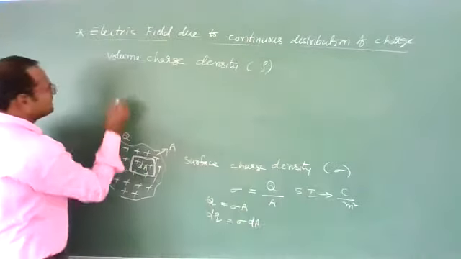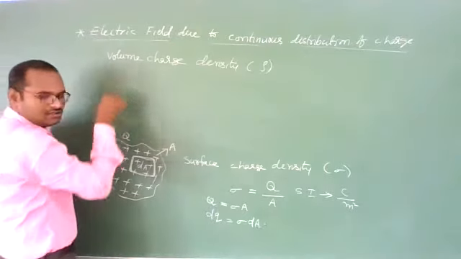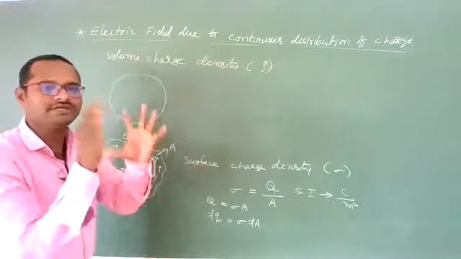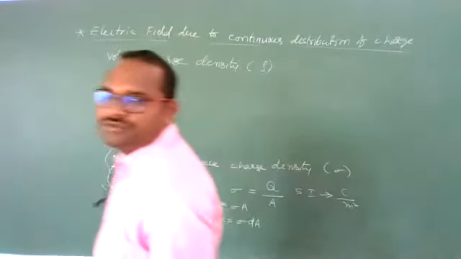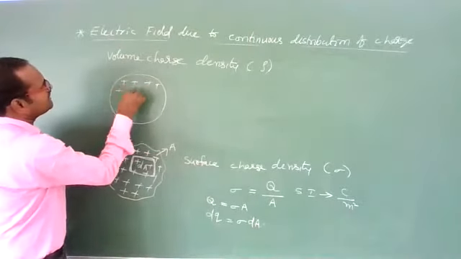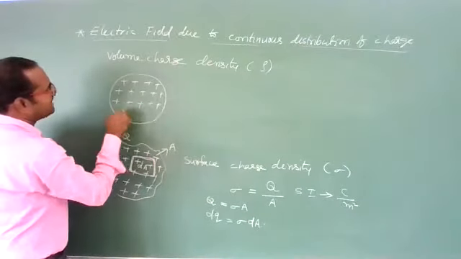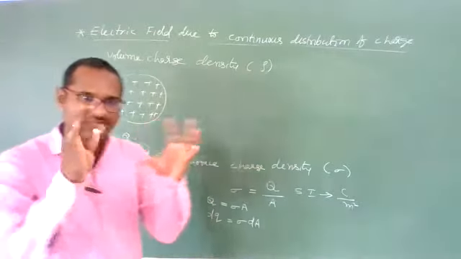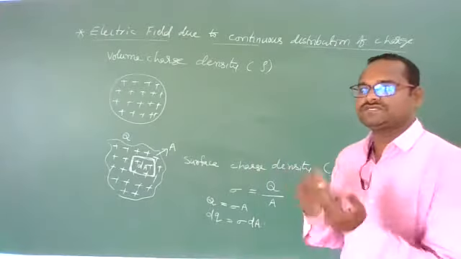See, let us suppose one cube, or one sphere you take, a solid sphere. Now, you are seeing only the surface, but I am taking this as inside also charge is present. That type of spherical body you consider, a solid sphere.